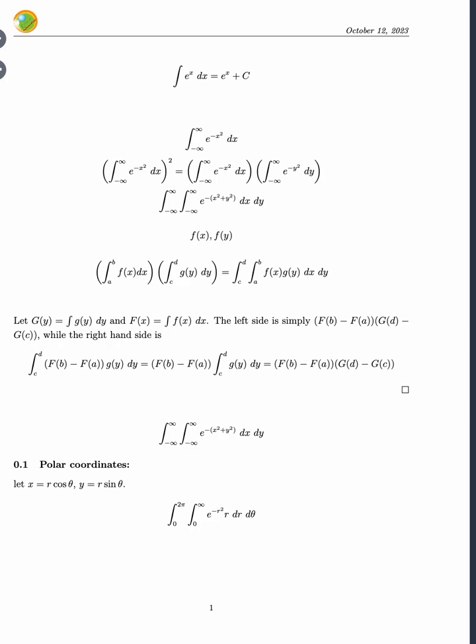Then du is equal to negative 2x dx, and so negative 1/2 du is equal to x dx, right?